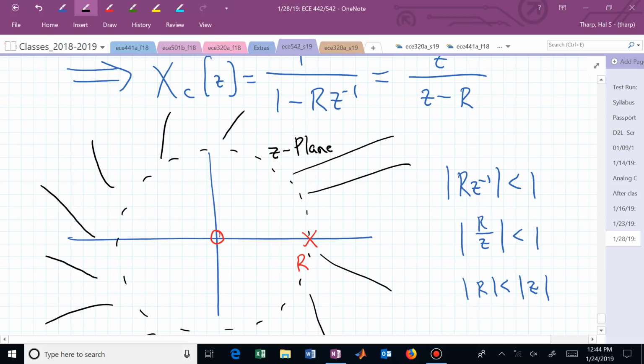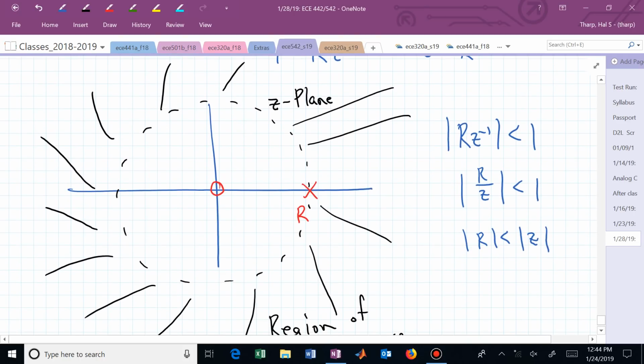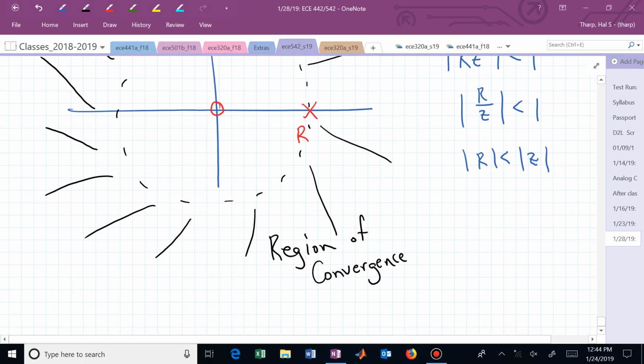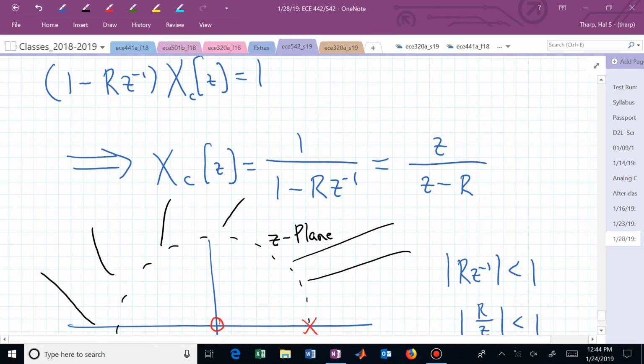We now know what the pole zero diagram looks like for an exponential time domain waveform. It now has a pole at R, has a 0 at the origin, and our region of convergence, or the values of z that allow this transform expression to exist, will be for values of z that are bigger than R.